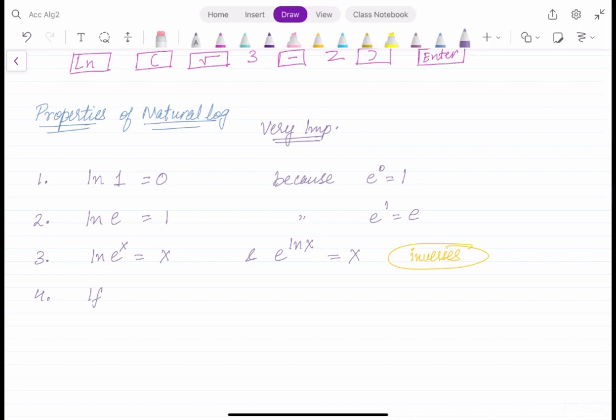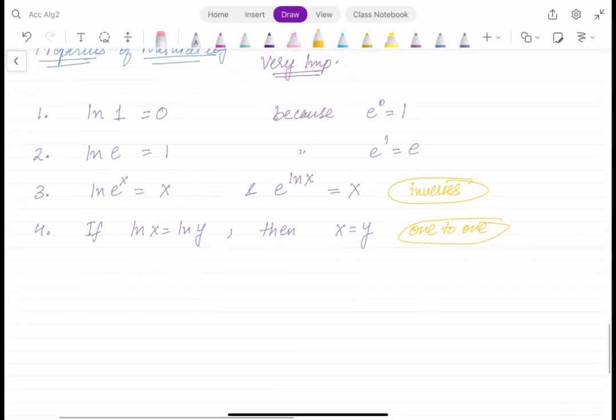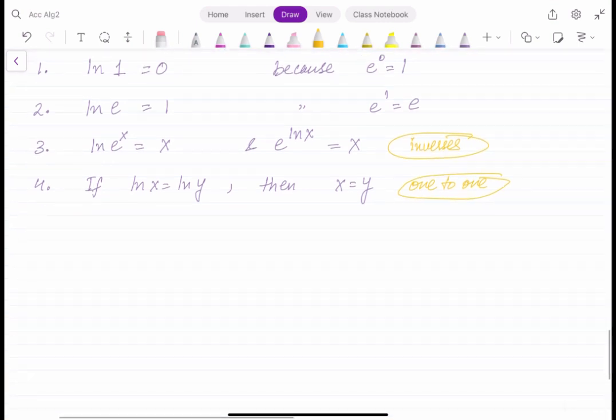Number 4, if ln of x is equal to ln of y, because both of them are the same ln's, I don't need ln. What is left? x is equal to y. So the properties of natural log and properties of exponential are somewhat the same. The approach is different. And this property is also called the one-to-one property.